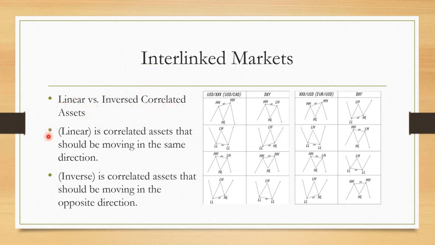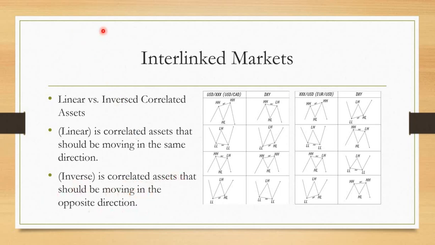A linear interlinked market is correlated assets that should be moving in the same direction. That means if one market is going up, the other should be going up. If one market is going down, the other should be going down. An inverse interlinked market is correlated assets that should be moving in the opposite direction.